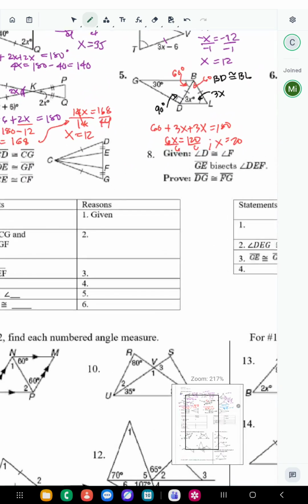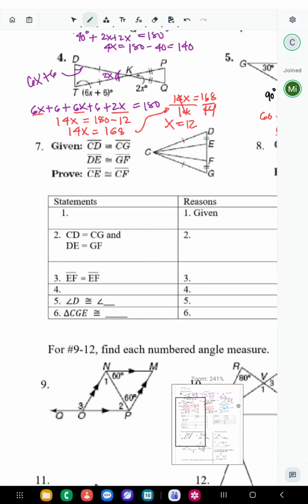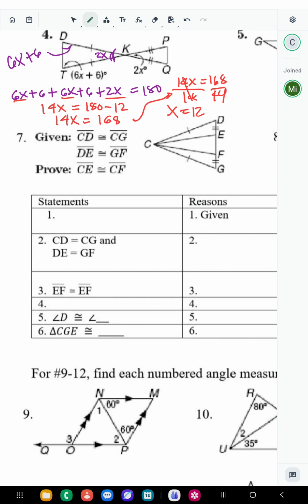Then, okay. Proving. We fill in the blanks. Number 7. It's given that CD is congruent to CG. DE is congruent to FG. Prove that CE is congruent to CF. So we're given CD congruent to CG. Then side DE is congruent to side GF.